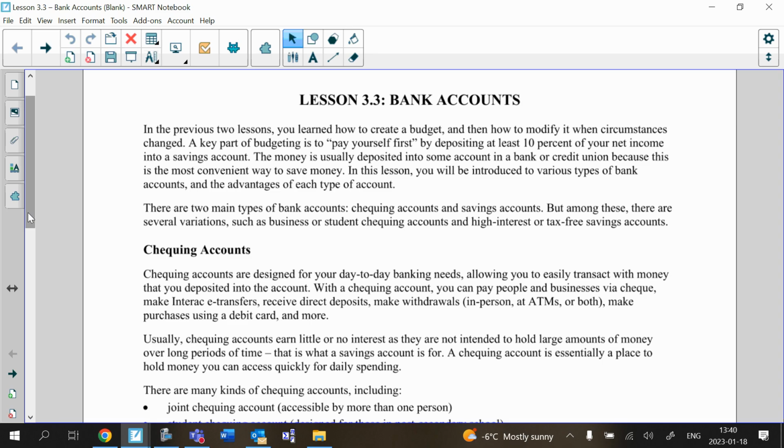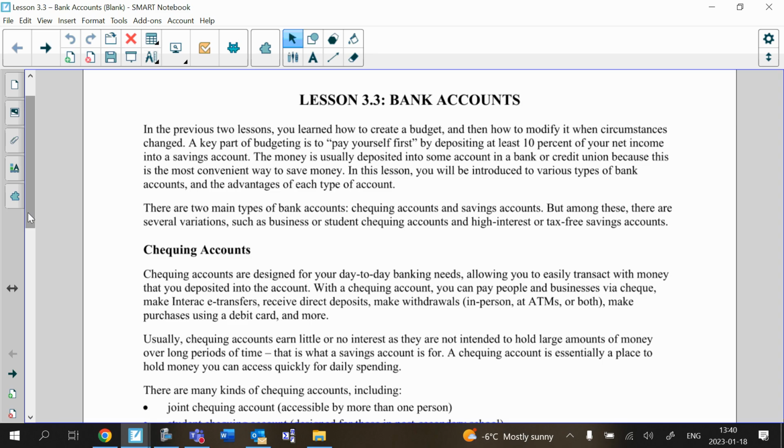There's really two types of bank accounts. There's some hybrid stuff and there's also online stuff. But really when it comes down to it, there are checking accounts and savings accounts. And depending on what you want to do with your money, each of these has advantages and disadvantages.